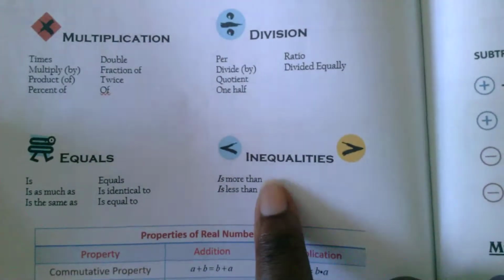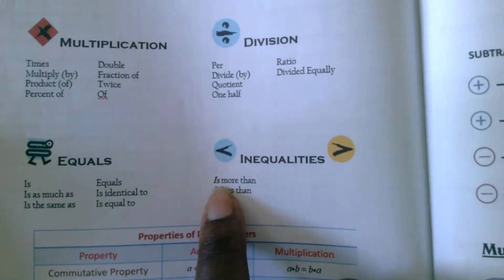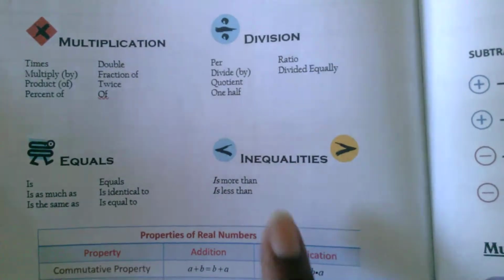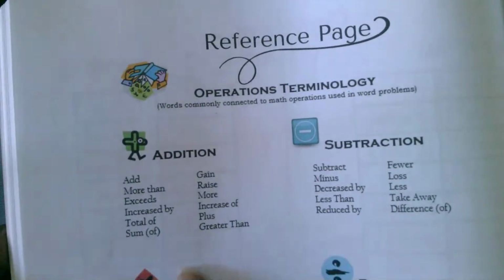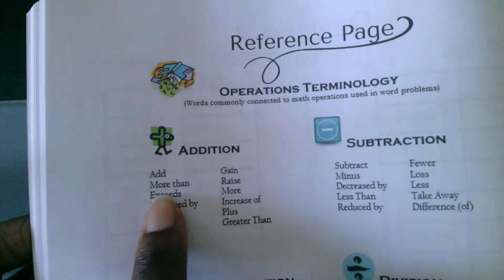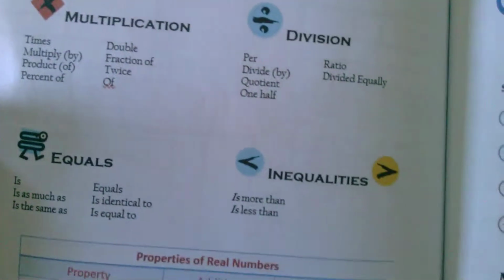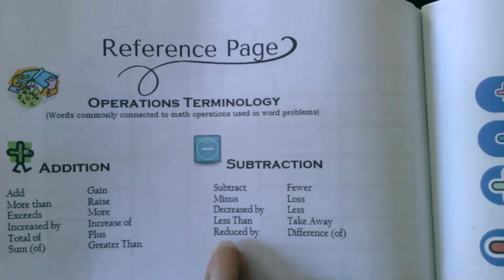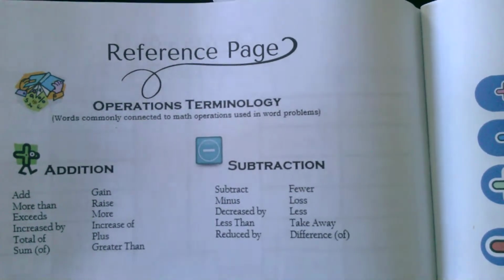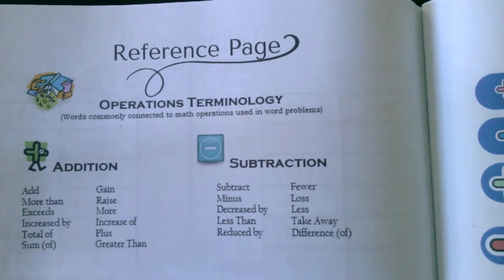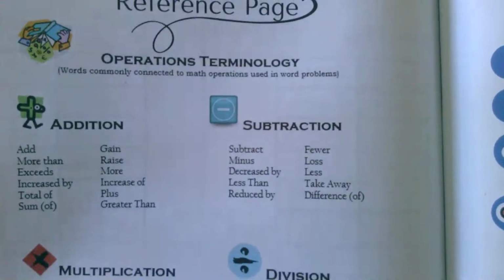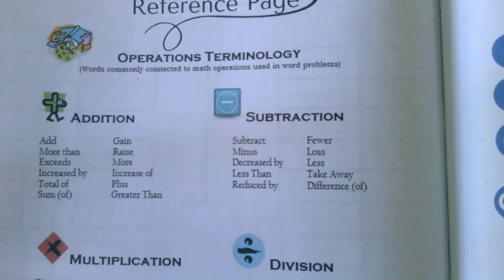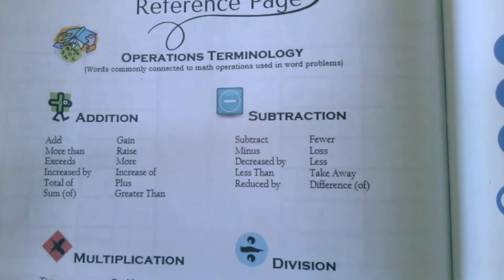This one gets screwed up with a lot of people. More than is addition. Is more than is an inequality. Less than is subtraction. Okay, that's the difference. Just by those little bits of tweaks, you probably got like 2 or 3 questions correct just by knowing what those little words meant.